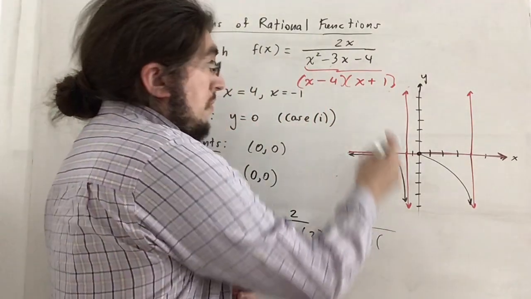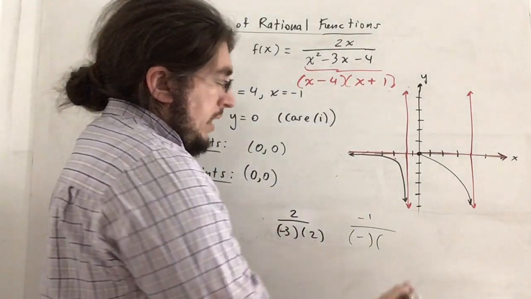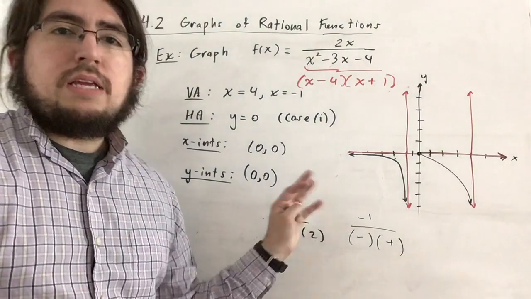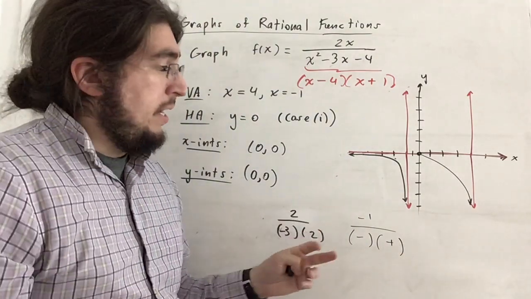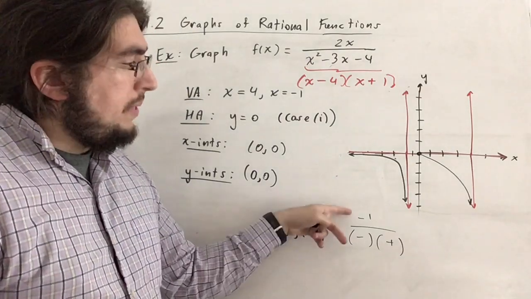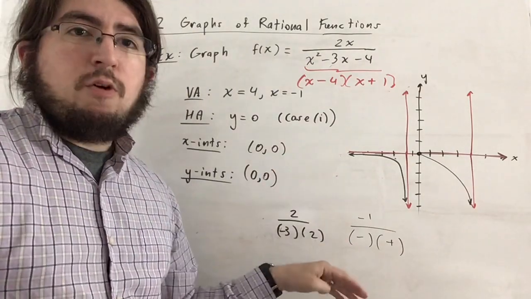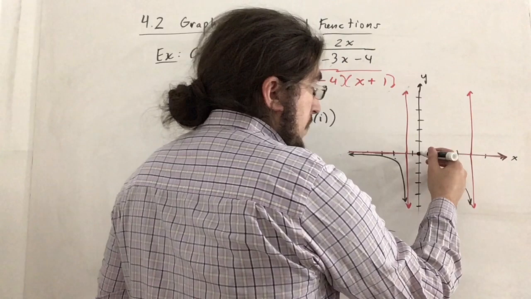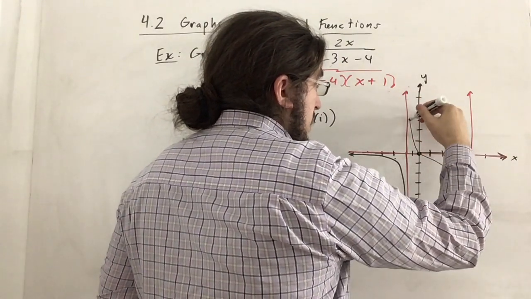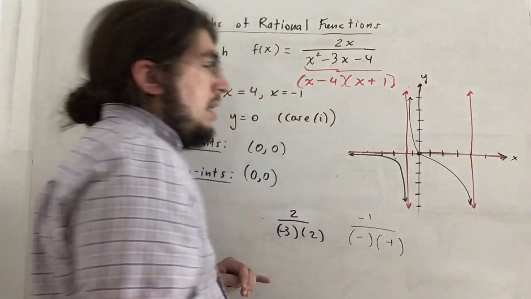And negative 1/2 plus 1 is going to be positive 1/2, which is a positive number. So we don't really care about the number, we just care about the sign. So the denominator is negative because negative times positive is negative. The top is negative. So we'll have negative over negative, which is positive, so that's actually above. So it's going to look something like this then. Again, approaching the vertical asymptote.